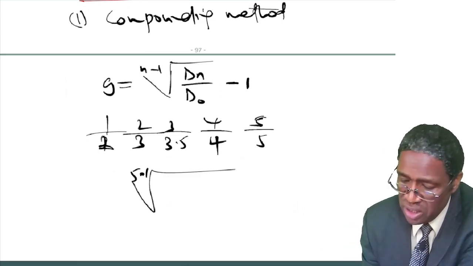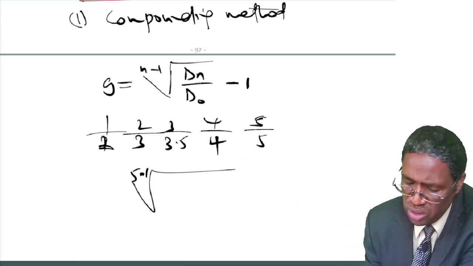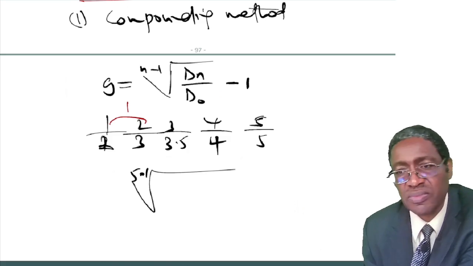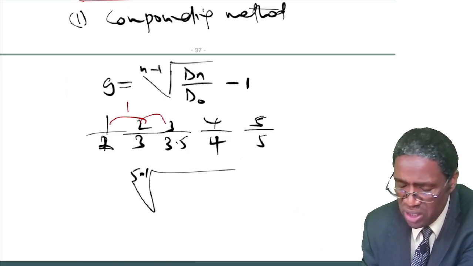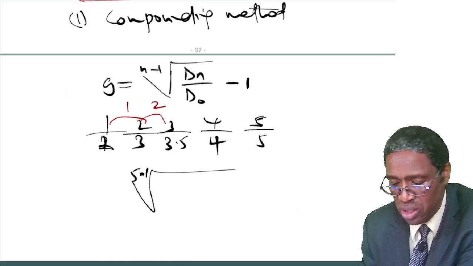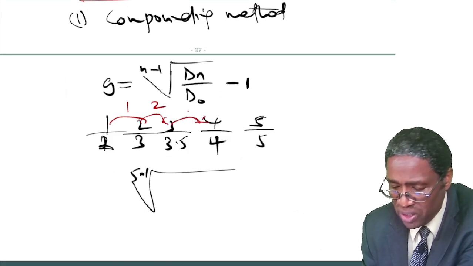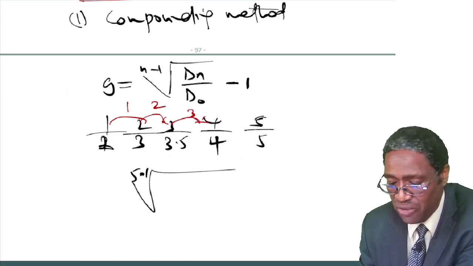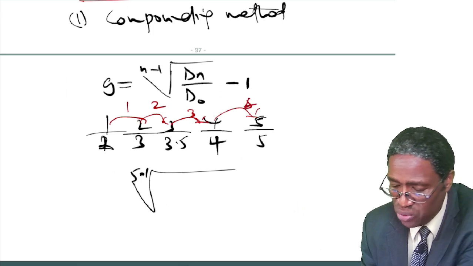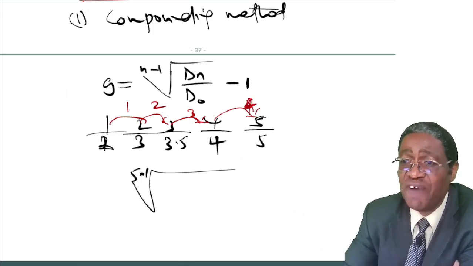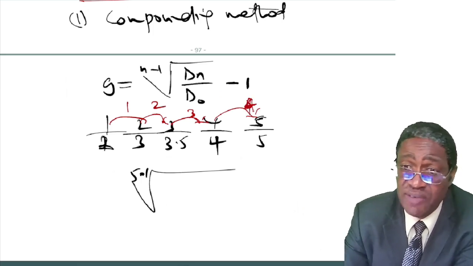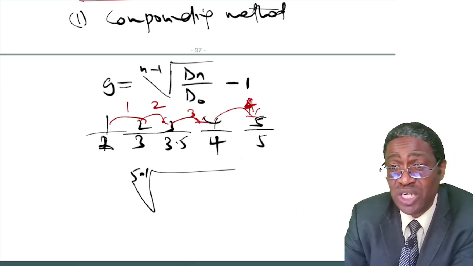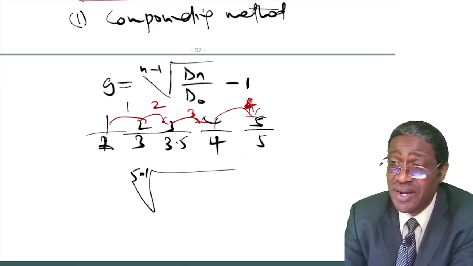From year 1 to year 2, that was the first growth. From year 2 to year 3, the second growth. From year 3 to year 4, the third growth. And from year 4 to year 5, the fourth growth. So there are 4 growths, which is N minus 1.